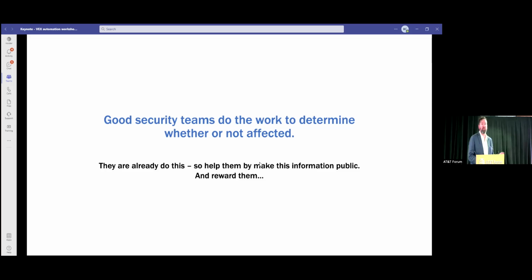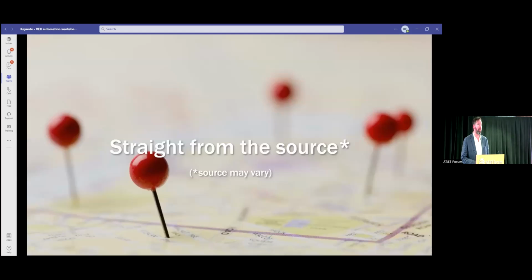And since good teams already do this, we want to make sure that we can have that information move as quickly and efficiently as possible, and also reward them, right? This is something that we want to say, hey, people should do this, and this should be a feature when looking for suppliers. And the data can come straight to the source. So it can come from the product security team.